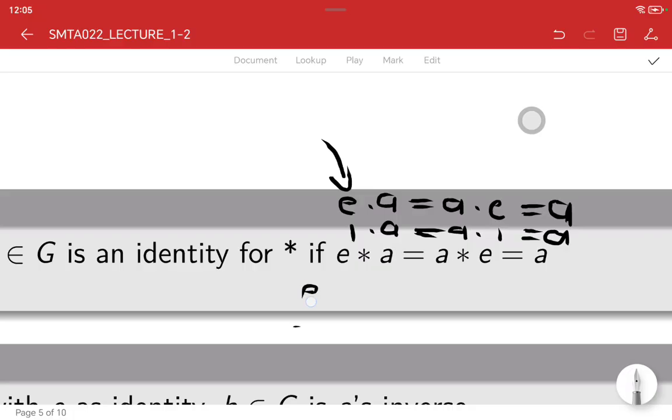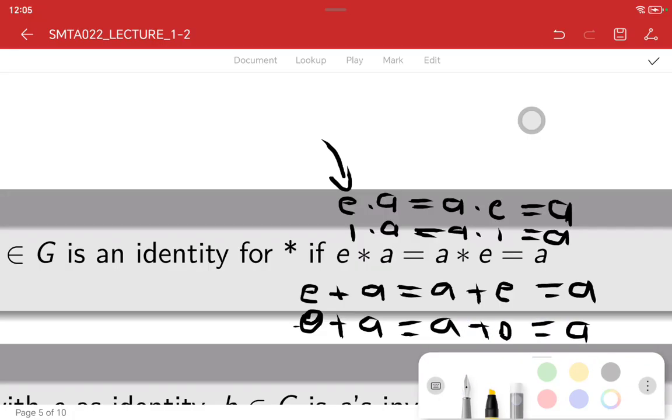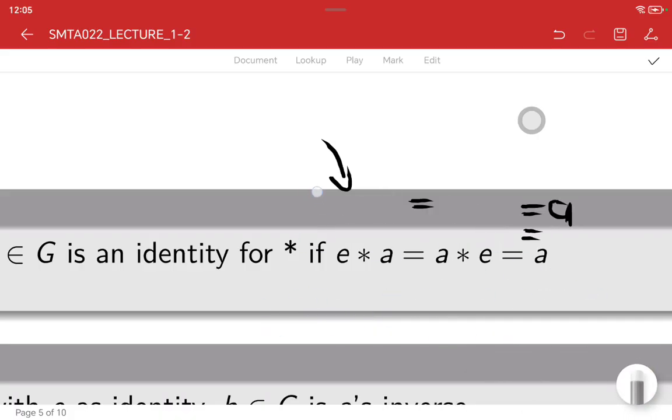And also the identity of addition will be 0. So this would be 0 plus A, which is equal to A plus 0, which is equal to A. We'll see this when we come to questions that require us to find it.